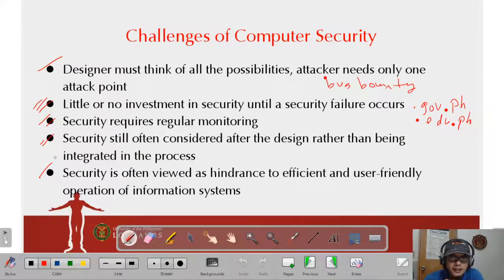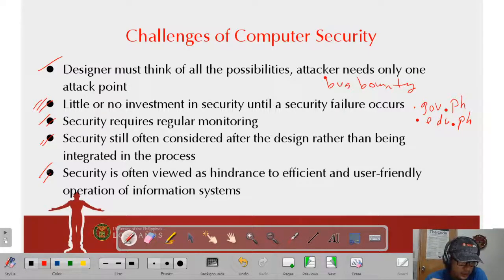Okay. The last challenge is that security is often viewed as a hindrance to efficient and user-friendly operation of information systems. Okay. Before the introduction of two-factor authentication, it was very convenient to use just the username and the password.